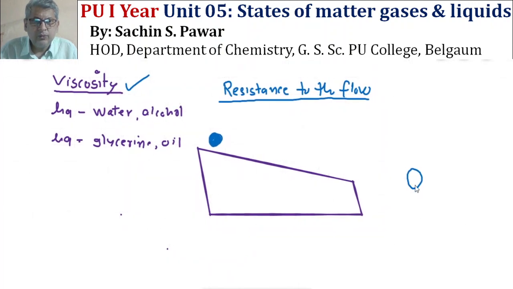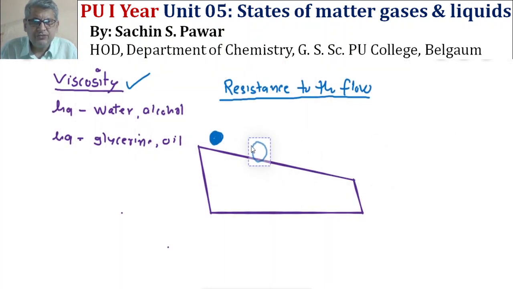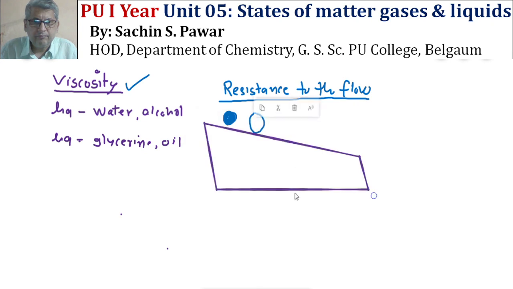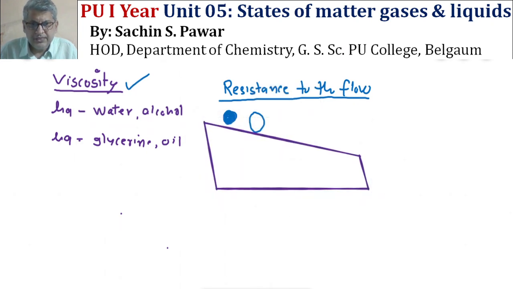Okay, so definition of viscosity, I am just dragging it onto the screen. So what is viscosity? Viscosity is nothing but the property of the liquid which determines the resistance to the flow of liquid.